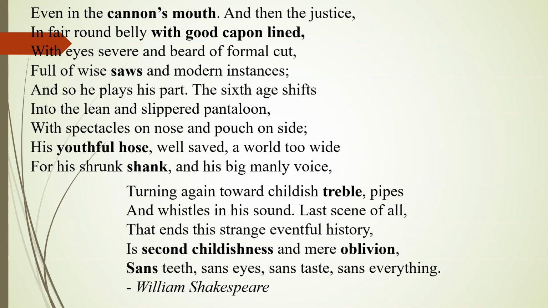First age is infant, second age is schoolboy, third age is lover, fourth age is soldier, fifth age is justice, and sixth age is a retired person. Okay. And now we are discussing the 7th age.